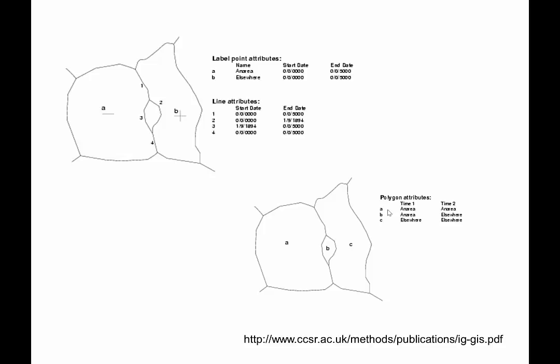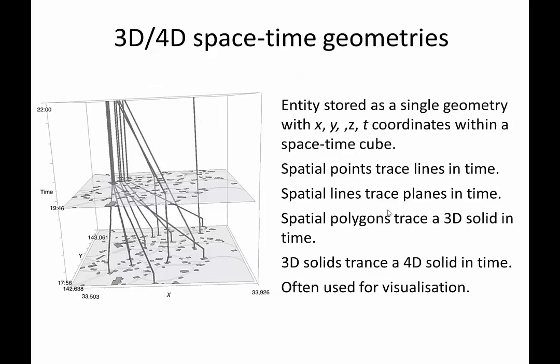So this is a topological model in which the polygons are built from lines, yep? Rather than having timestamps associated with the polygons, you have timestamps associated with the lines, and then you recreate the polygons from the lines for the particular time when the lines are valid. Yeah. Okay, good. That was clear. I like that one.